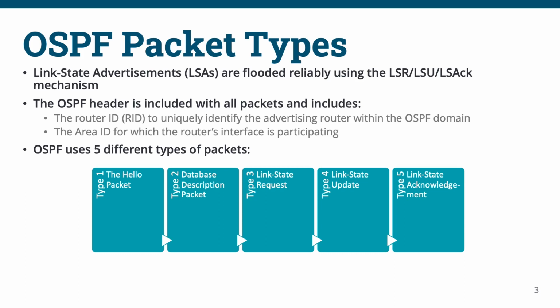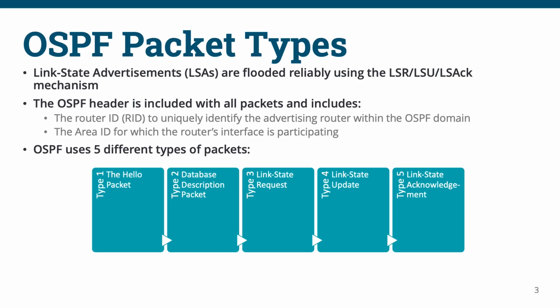As we discussed briefly in a previous lesson, the area concept in OSPF is used for scalability and controls the size of the LSDB or link state database that each router maintains. A router can only form an adjacency or neighborship with another router whose interface is in the same area.